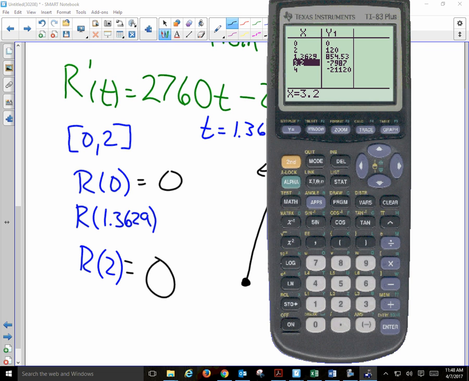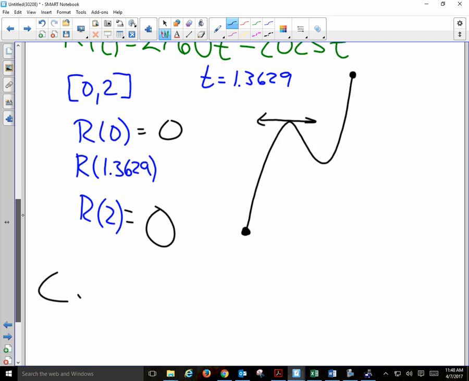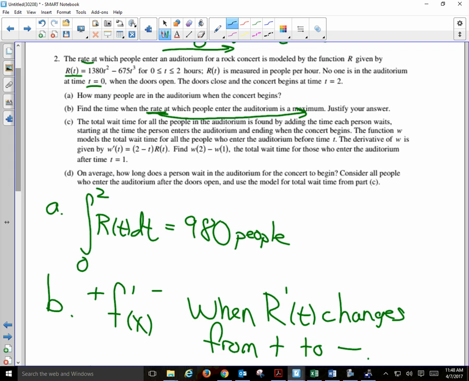All right, so let's do letter C then. We figured out 1.3629 is the time. Part C looks really complicated, but it's actually quite simple. It says the total wait time for all the people in the auditorium is found by adding the time each person waits, starting at the time the person enters and ending when the concert begins.